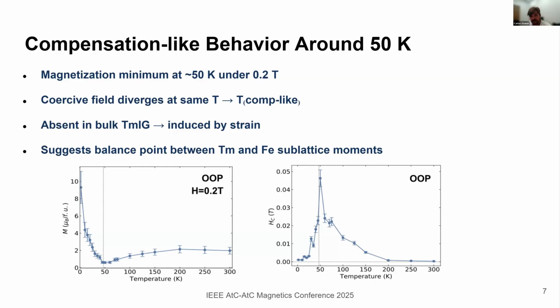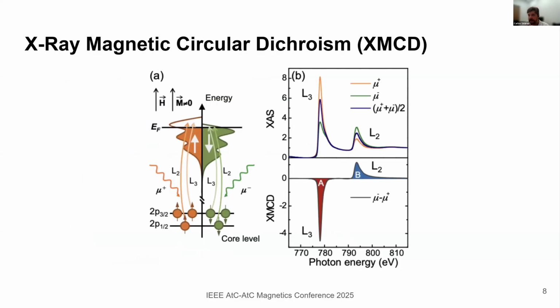It's a signature of compensation, but we use the term compensation-like temperature because, when you look at the X-ray magnetic circular dichroism, you have a signature at this temperature point. The magnetic sublattices change their orientation when you cross this compensation temperature.